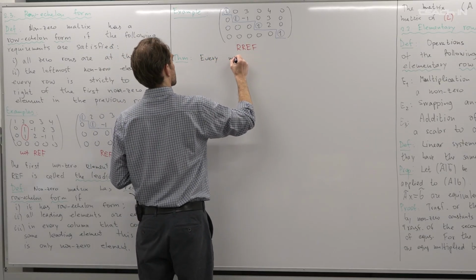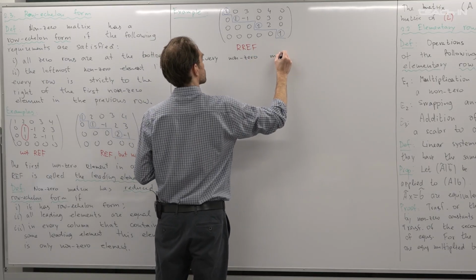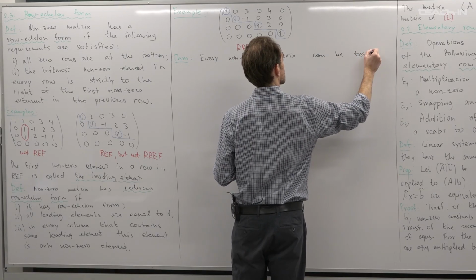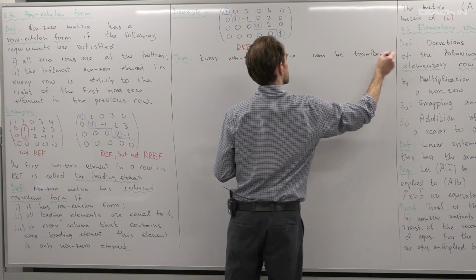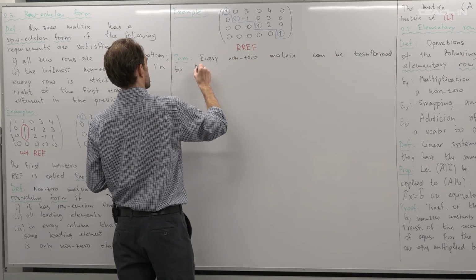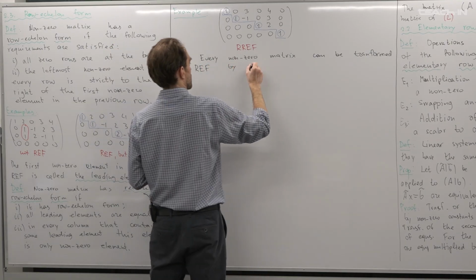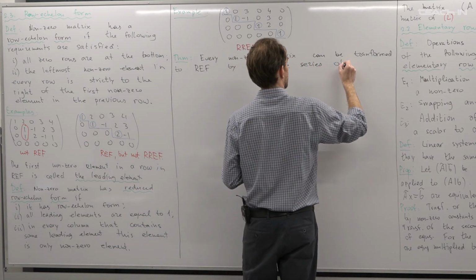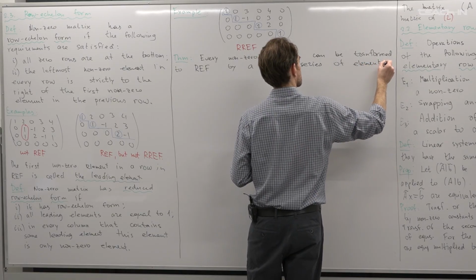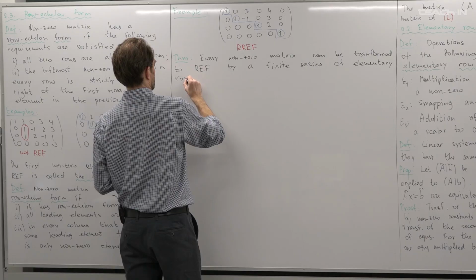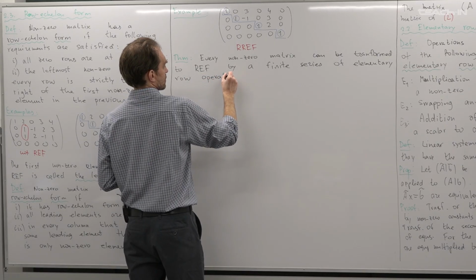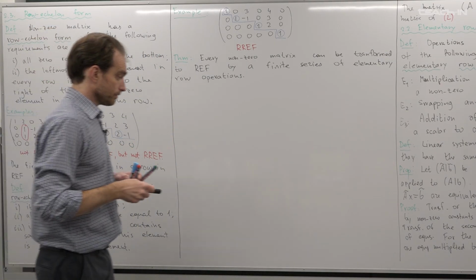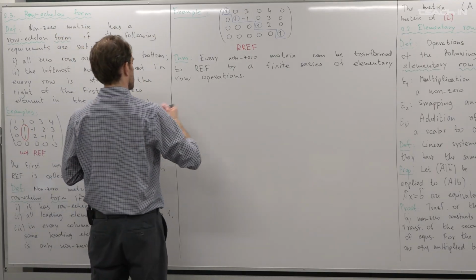Every non-zero matrix can be transformed to row echelon form by a finite series of elementary row operations. Okay, so let us prove this theorem.